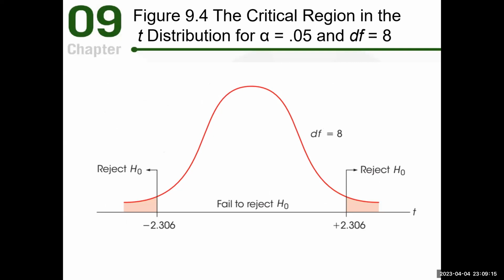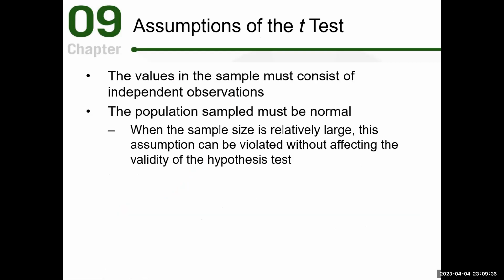We have an alpha level of 0.05, degrees of freedom 8, and our t critical is plus or minus 2.306. Anything in this region, you reject the null hypothesis. Anything that falls in this region, you would fail to reject the null hypothesis. But in our particular case, we reject the null hypothesis.